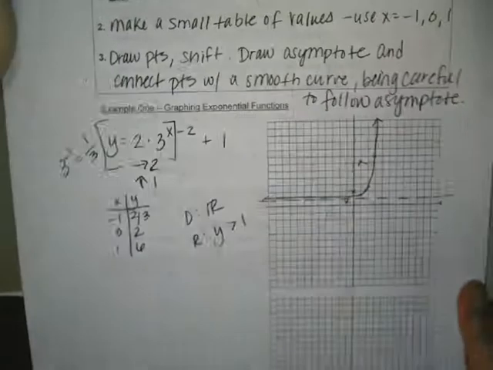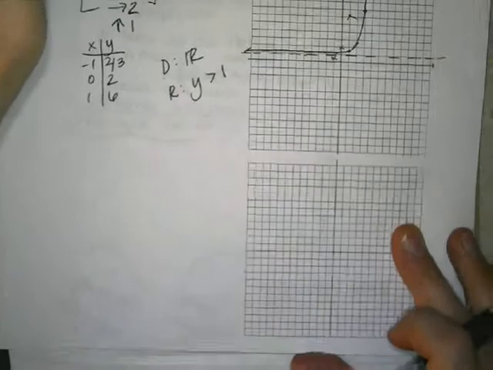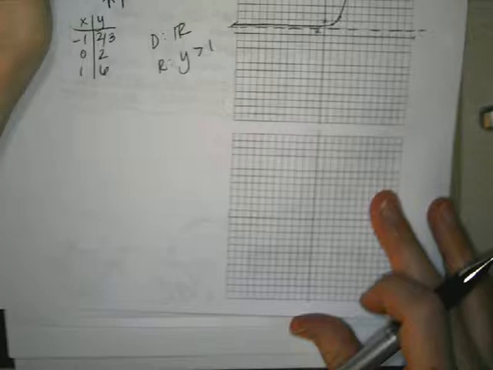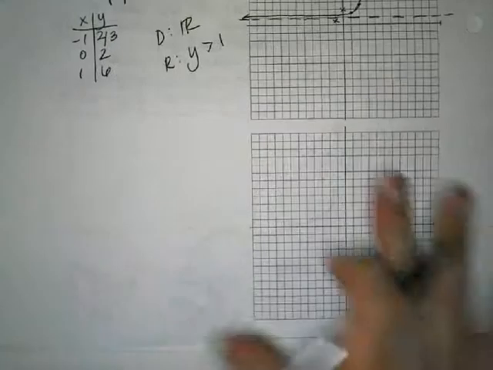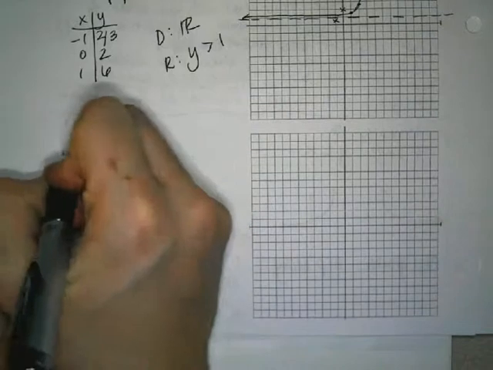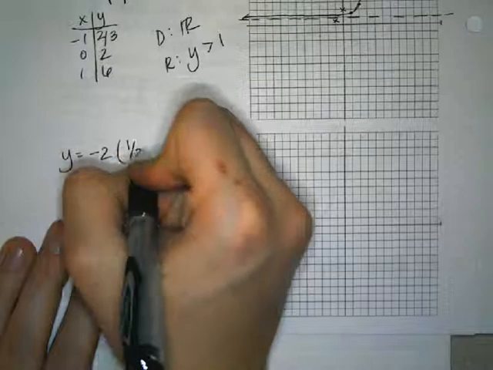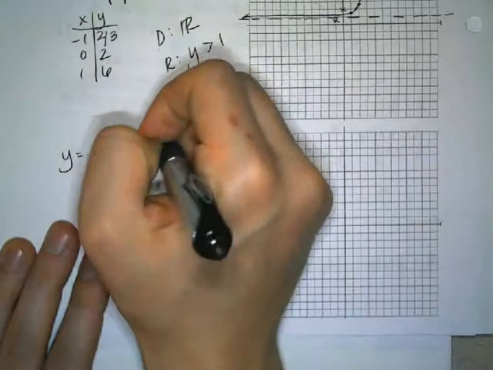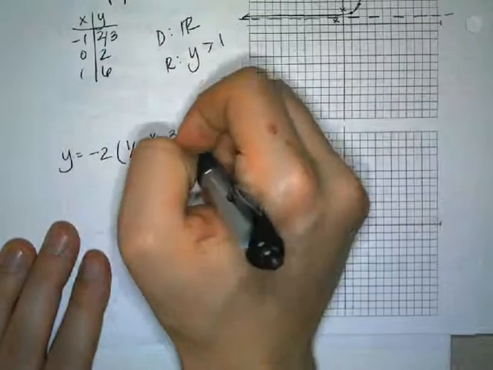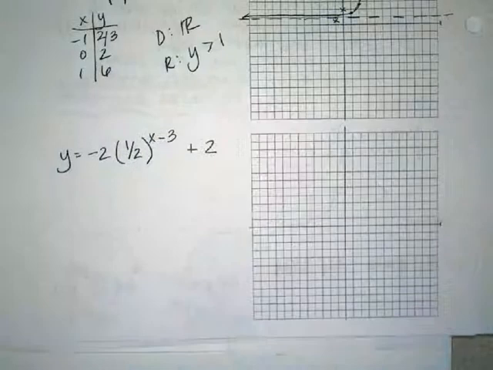Then let's do one here. Okay. This one, I'm going to make it an exponential decay, but I'm also going to make it flip. So just be aware of that.